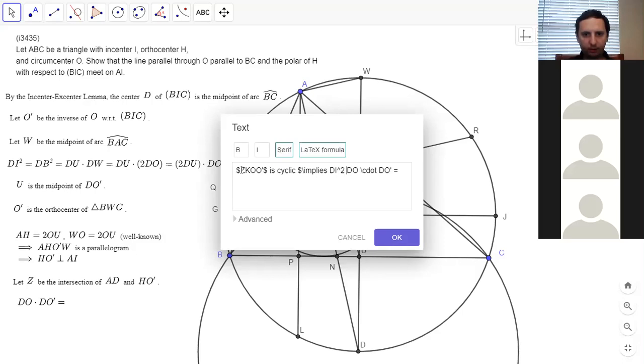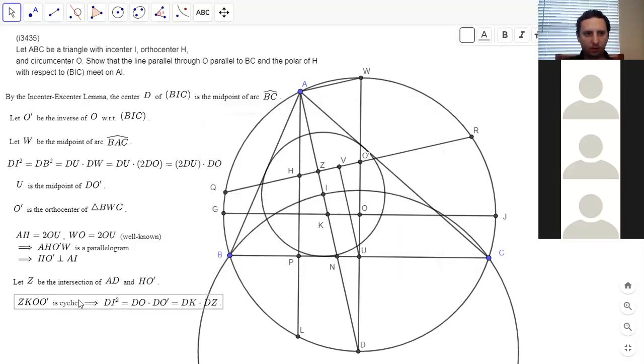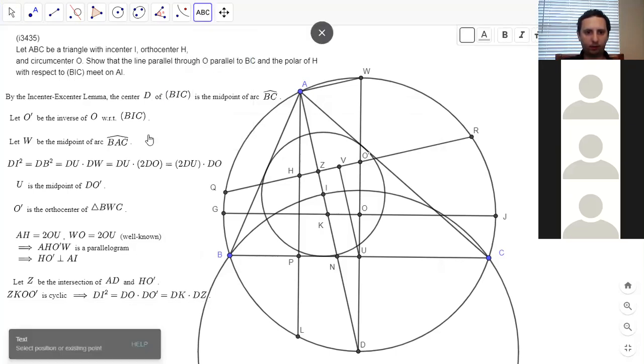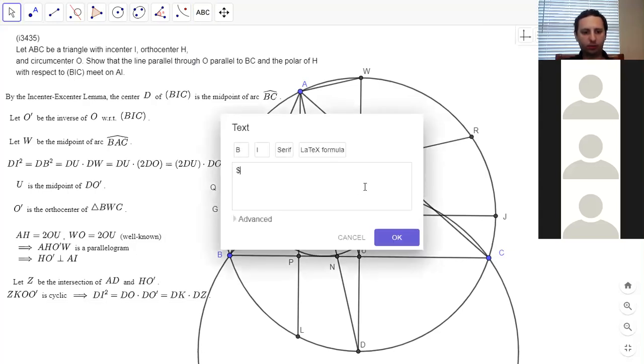DI squared is equal to DK times DZ, and that means Z and K are inverses with respect to the circle BIC.